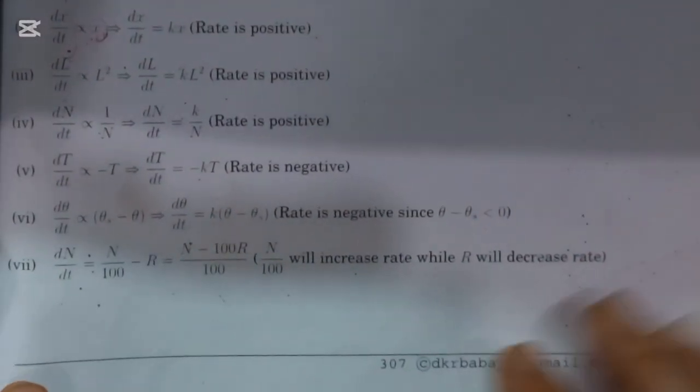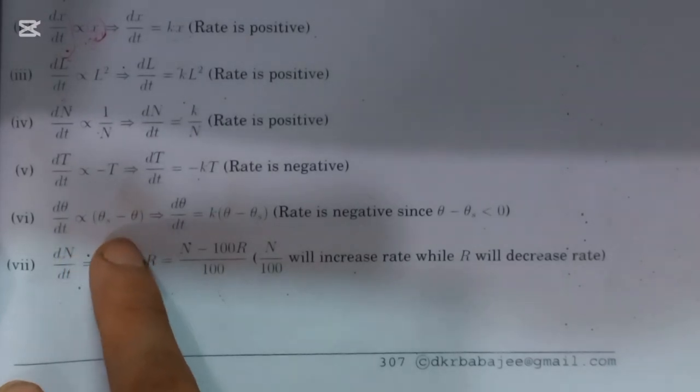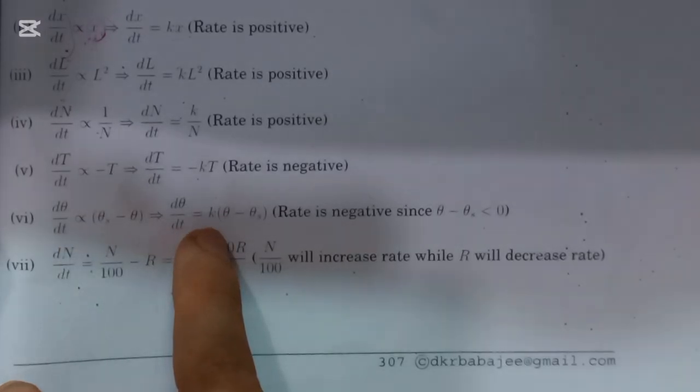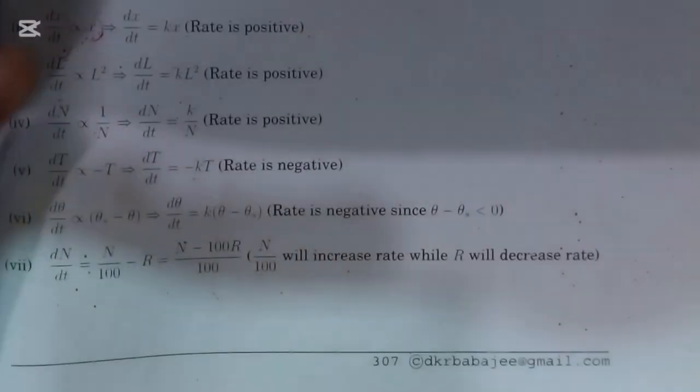Here is the solution. d theta over dt is proportional to theta s minus theta. From here, the proportionality sign will be converted into equality, and a constant of proportionality will be put on the right hand side.